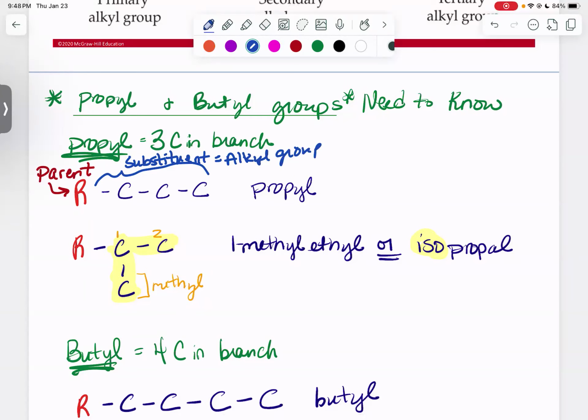All right. So if there are 3 carbons in that substituent or in that alkyl group, we call that group a propyl group, which is cool. But now that we have 3 carbons in a row, we can actually have an isomer of the propyl group. And so a lot of times what you'll see is it's very commonly called isopropyl.